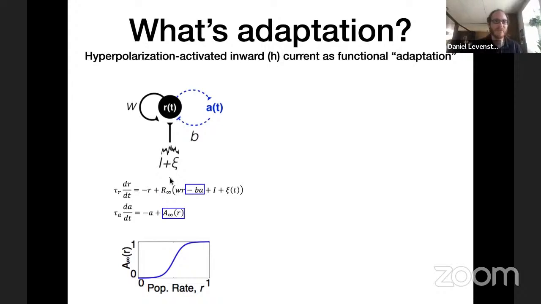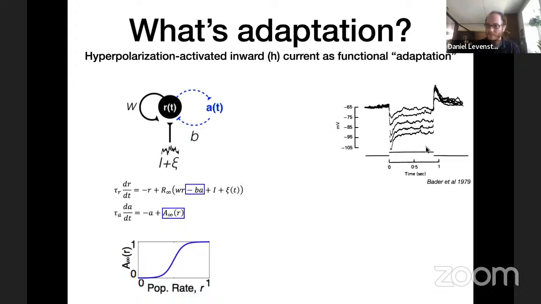Just to say that I was reminded of something I discussed with John during my PhD, which is that a hyperpolarization activated inward current might act as a functional adaptation. So this is a property by which when you hyperpolarize cells, they tend to depolarize. And so in the model, this is basically adding a double negative, right?